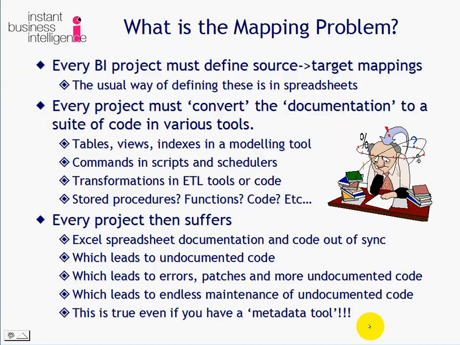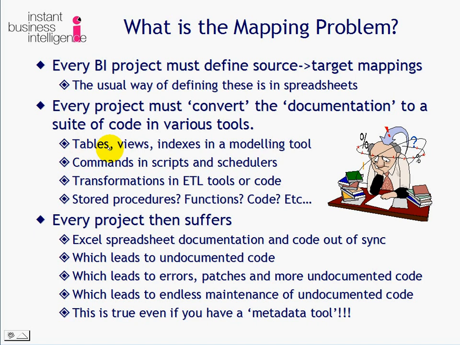So let's get into SeETL design time for details. Every BI project must define source to target mappings. As we said, today that's usually defined in spreadsheets. Every project must convert the documentation to a set of code in the various tools.